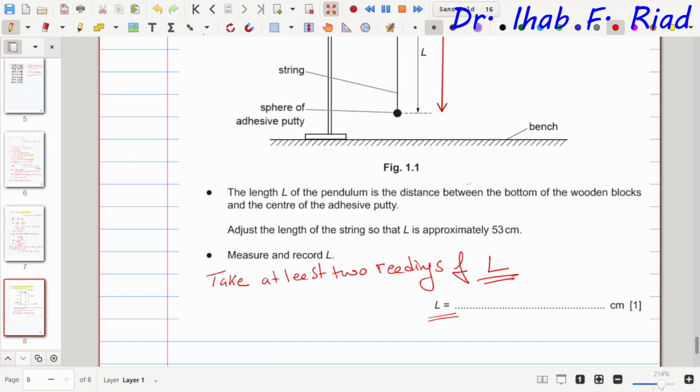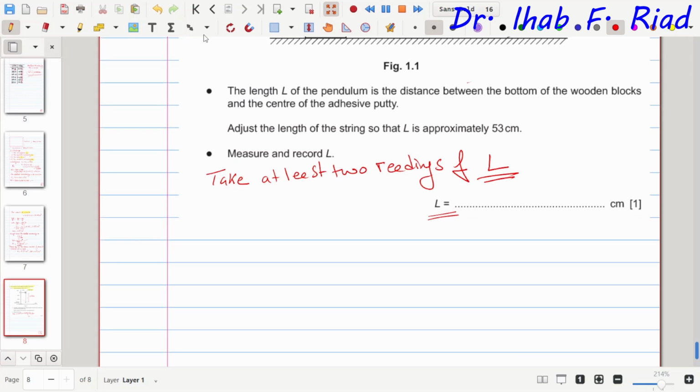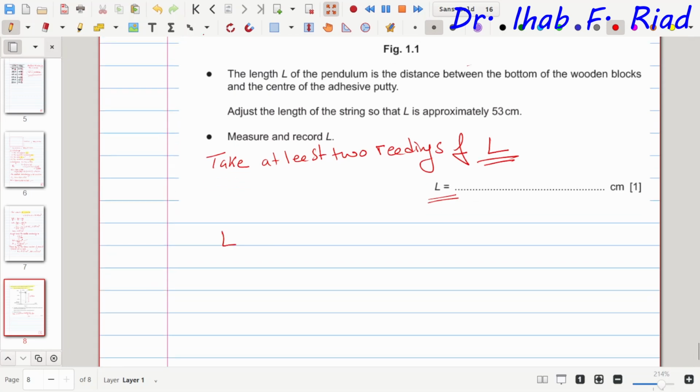So for example, we get L the first time as 53.9 centimeter. We try it one more time. This is very important. If you take one reading only and you report it, you are going to lose some marks.